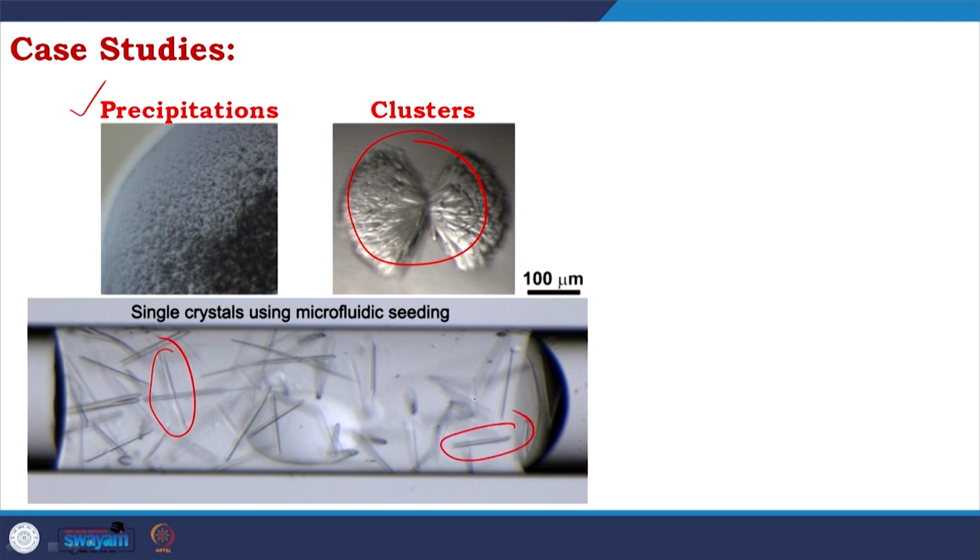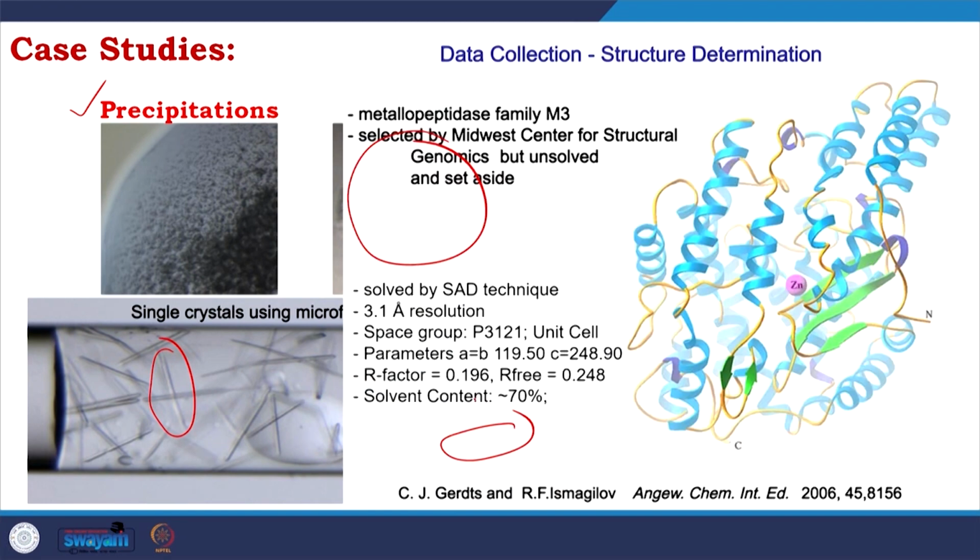The crystals look small, so are they solvable? Yes, they have also shown that the crystal was used for structure determination. This is a metallopeptidase, family M3, and this is part of MCSG, which I discussed earlier in structural genomics. They have solved this crystal.